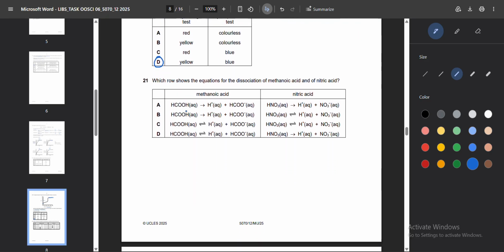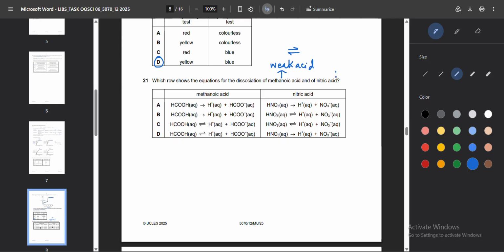Okay, number 21. The row shows equations for dissociation of methanoic acid and nitric acid. Now methanoic acid is an organic acid, and it's a weak acid. For a weak acid, the reaction is always reversible.